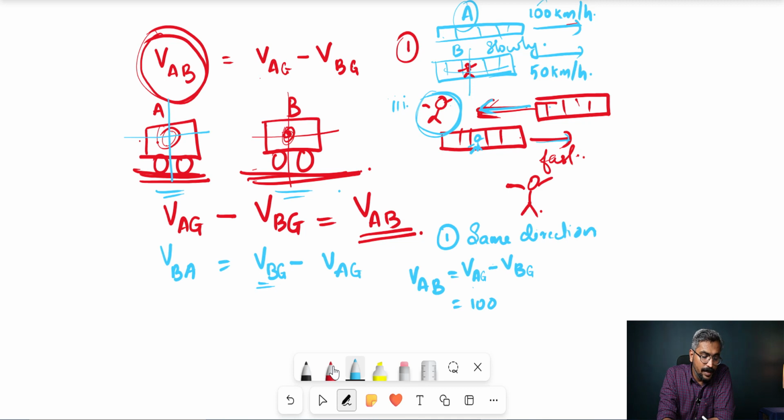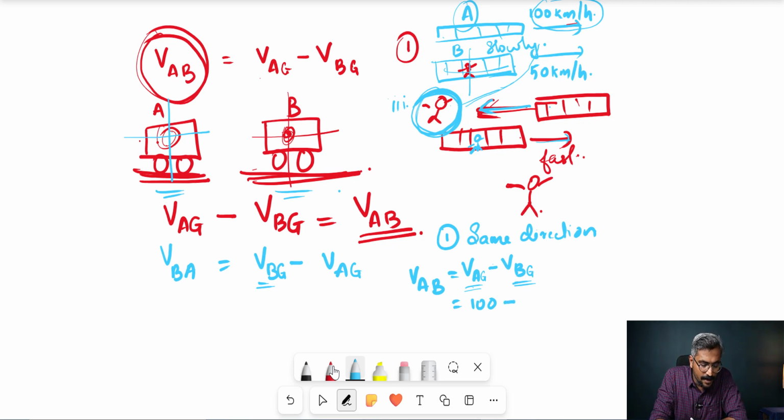And this 100 kilometer per hour means, as I already said, velocities are always measured in such a way that the frame of reference will be the ground. The person standing on the ground will see this particular velocity. I hope you are getting the ideas of the physics story behind this scenario.